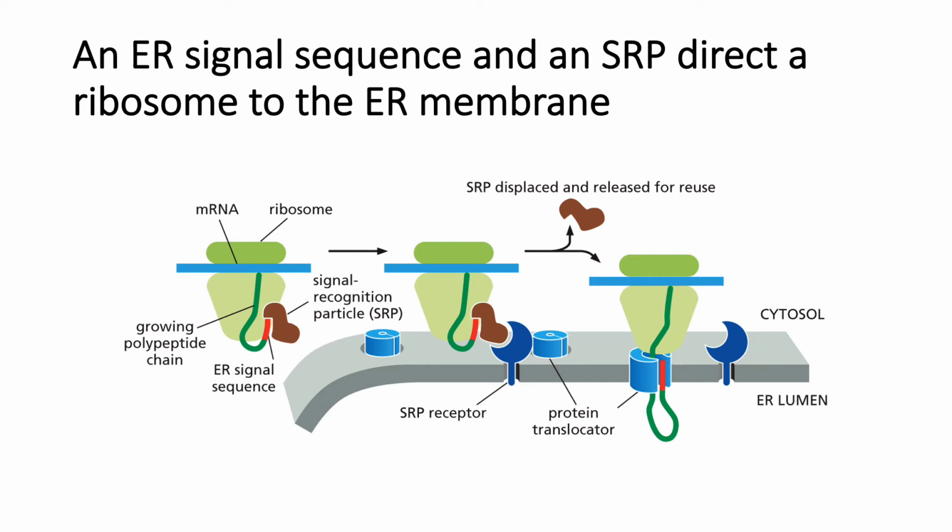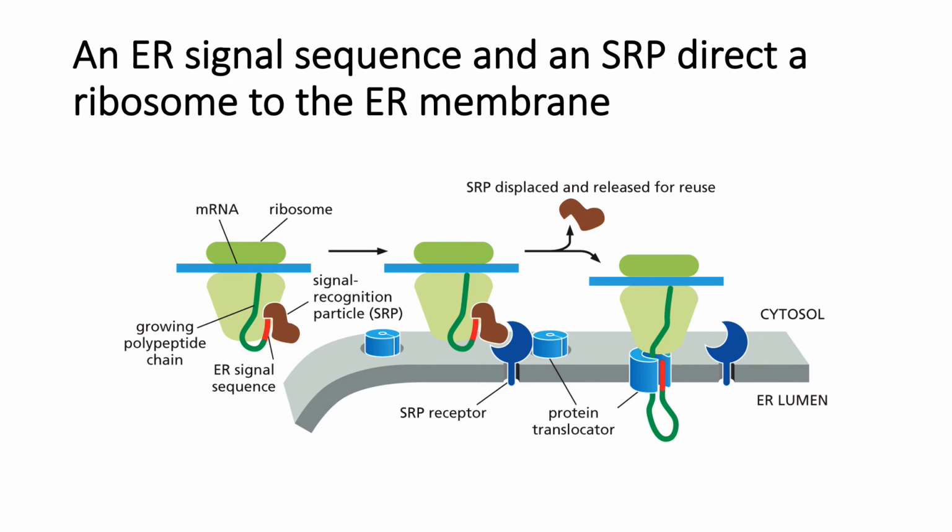And at that point, the protein synthesis then resumes. And now it's resuming. And that green represents the protein. You can see that as the protein is being synthesized, it's being pushed into the lumen of the ER.